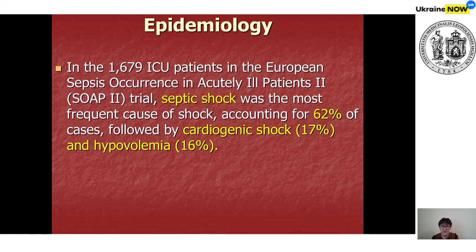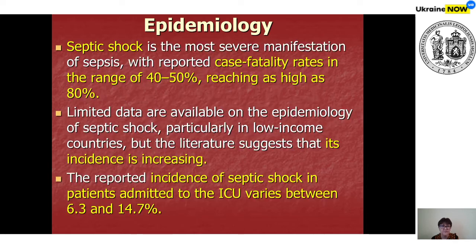In this large trial that included more than 1,600 intensive care unit patients, septic shock was the most frequent cause of shock, accounting for 62% of cases, followed by cardiogenic shock in 17% and hypovolemia in 16%.